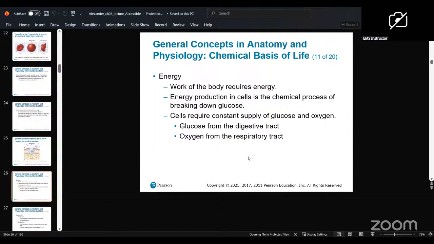Well, without enough glucose in their system, they don't have the energy to function, which means that they don't have the energy for the body to work. That is the way that one of my students told me they remembered it, and it has helped a lot of other students that way. Same thing with oxygen. If you think of an unresponsive hypoxic patient, they don't have enough oxygen in the body to fuel the body.